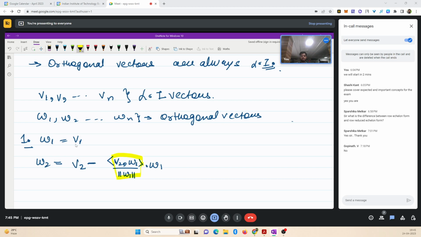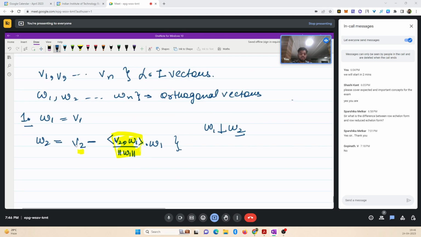Okay, this quantity over here is representing the projection of v2 onto w1. So whatever component v2 has that is inclined with w1, we subtract that particular component from v2, and whatever is left, whatever we get, is orthogonal. So now w1 is orthogonal to w2.